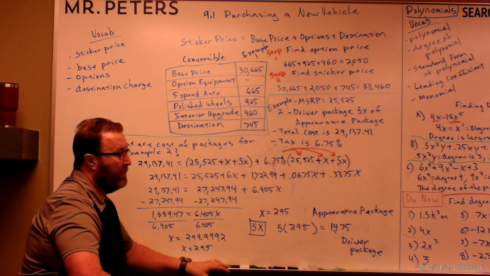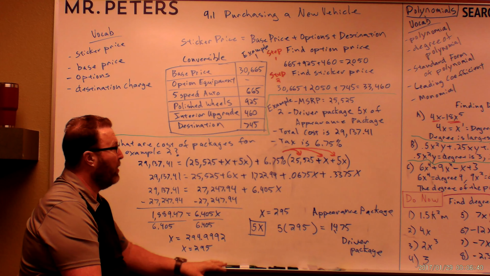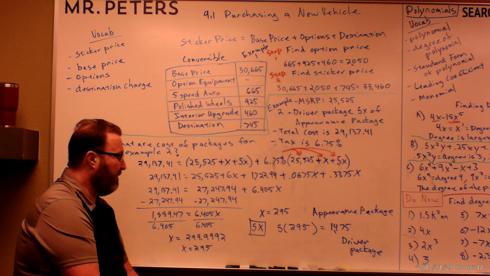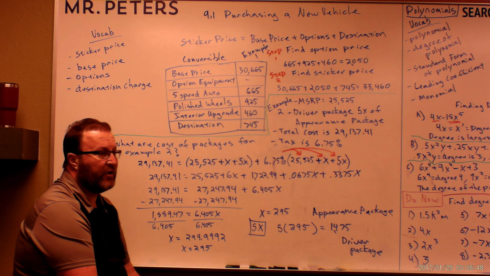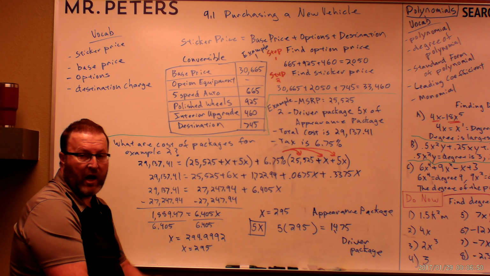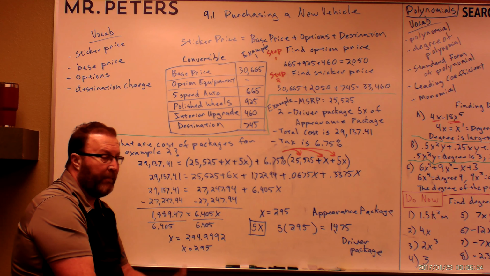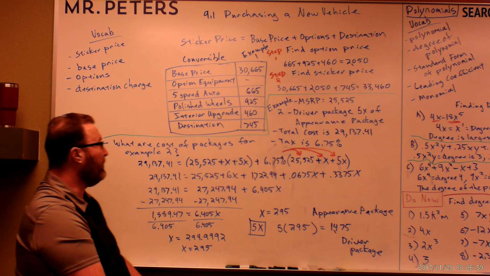The SUV total cost is $29,137.41. Okay, thank you. MSRP, that's manufacturer suggested retail price. Okay, that's what the manufacturer is saying to their dealers or whatnot. This is what you should be selling this for. Not that they have to sell it for that, but that's what they put out there. This is what the selling price should be.